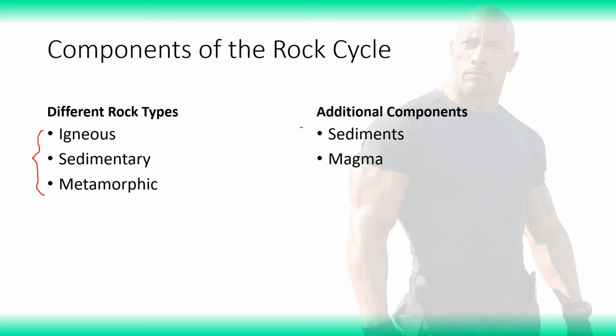And then in terms of additional components, we'll also discuss sediments and magma, and we'll see how all of these different components and rock types tie in together towards the end of the lesson. So we'll begin by talking about these rock types, and then once we have a firm understanding of that, we'll build up an understanding of the complete rock cycle.